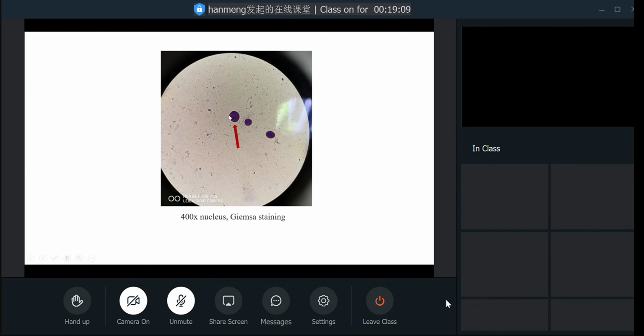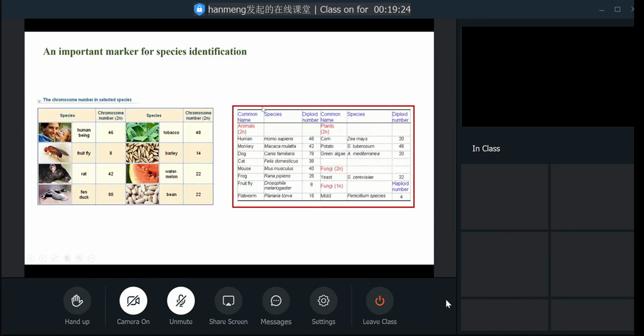You can see in this picture, in the nucleus there are many dark staining areas. They are called the chromosomes. And the chromosome is an important marker for species identification, because different species have different chromosome numbers.